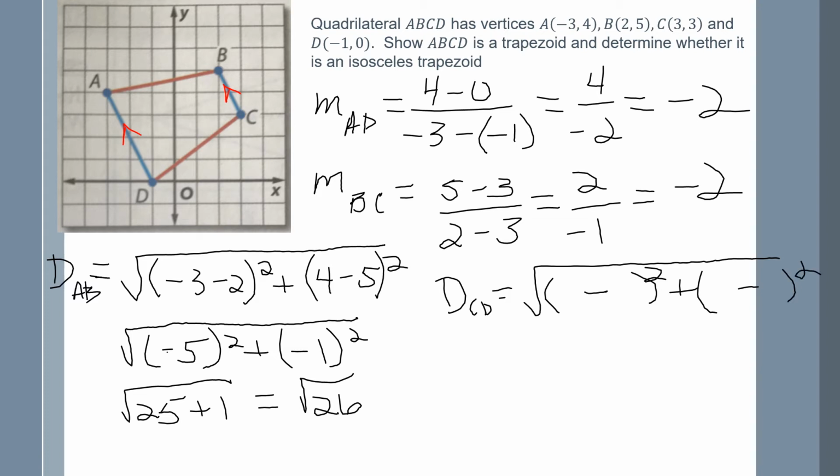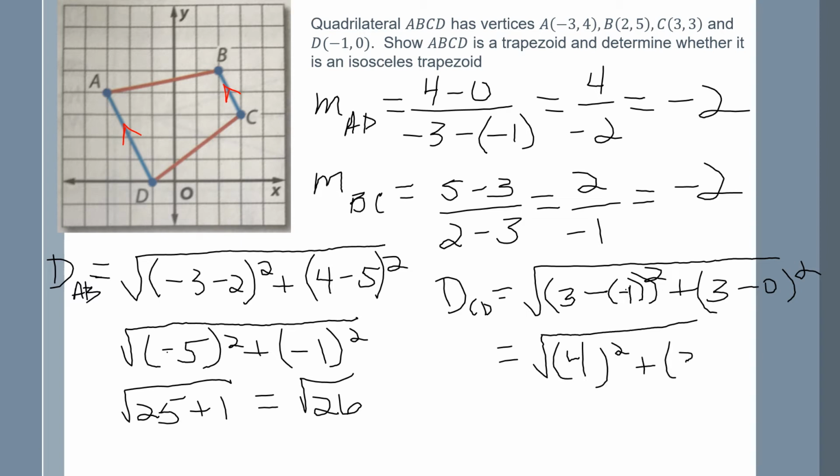We've done this before. It's irrelevant; we can do the x's and y's in either order because we're adding. So we're going to say 3 minus negative 1, plus 3 minus 0. Well, 3 minus negative 1 is 4, and we square that.